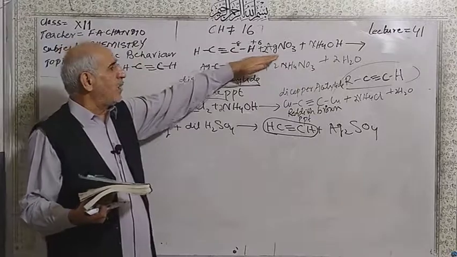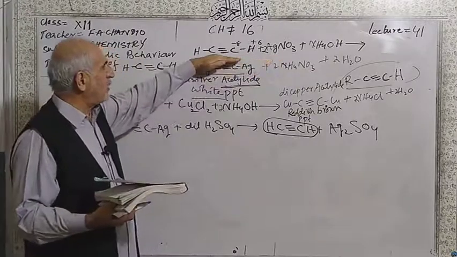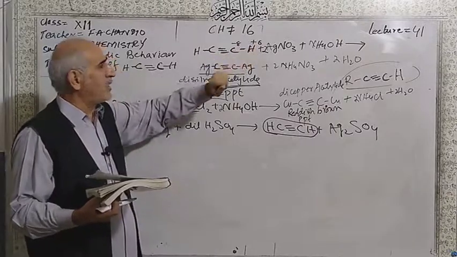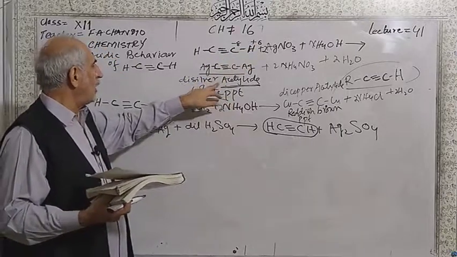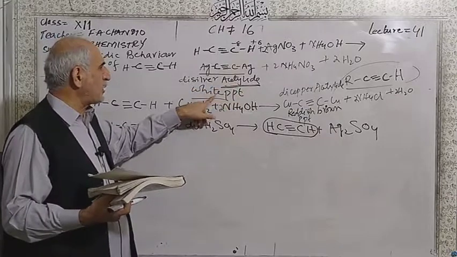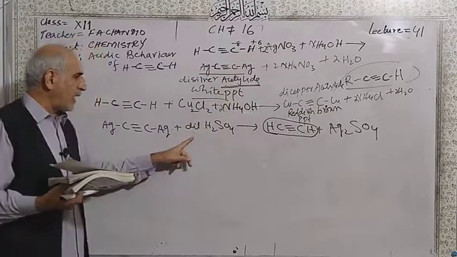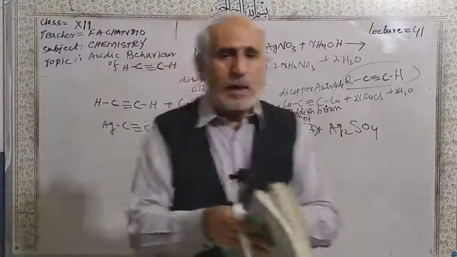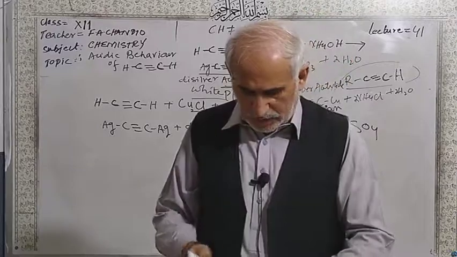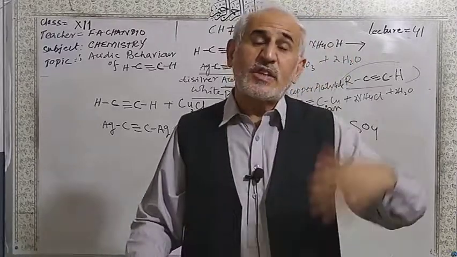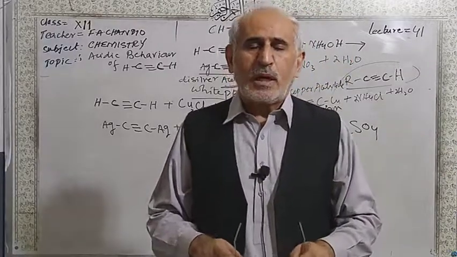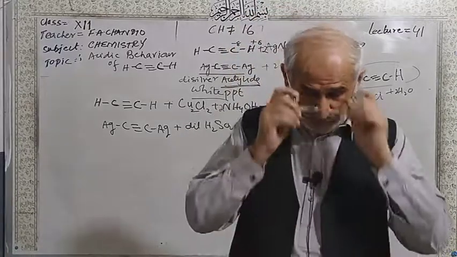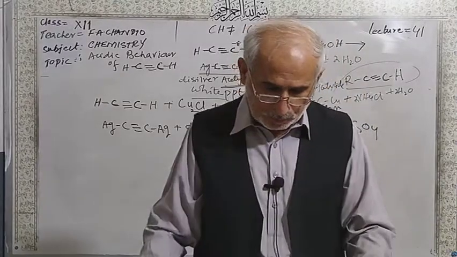Only the ammonium solution of silver nitrate reacts with the alkyne which contains a terminal hydrogen, which acts as an acid. This gives disilver acetylide, a white precipitate which is unstable, and you add dilute acid to get acetylene again, in pure form, because the reaction does not take place with the other impurities, with the ammonium solution of silver nitrate as well as the ammonium solution of cuprous chloride.